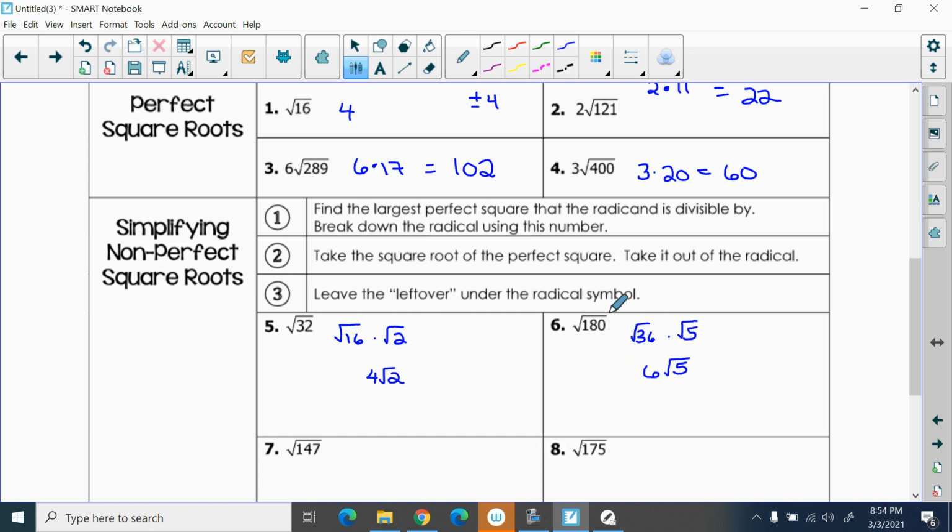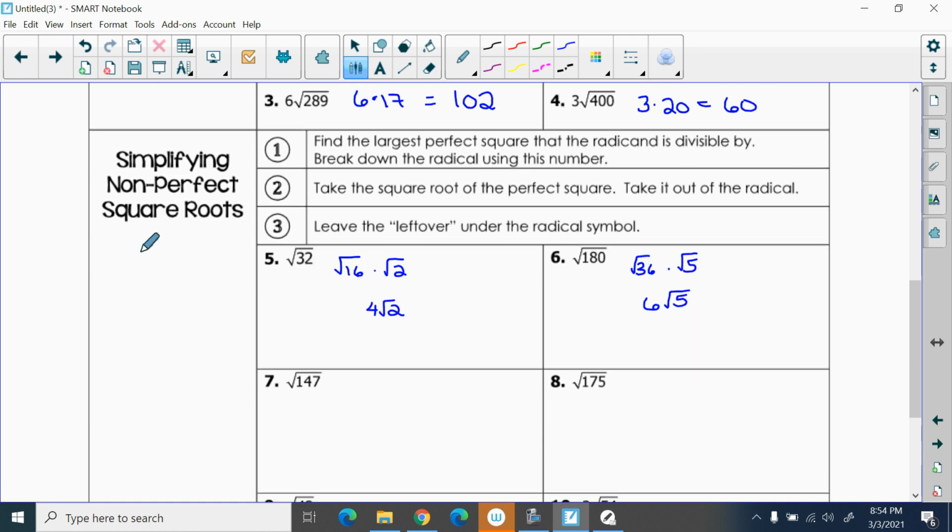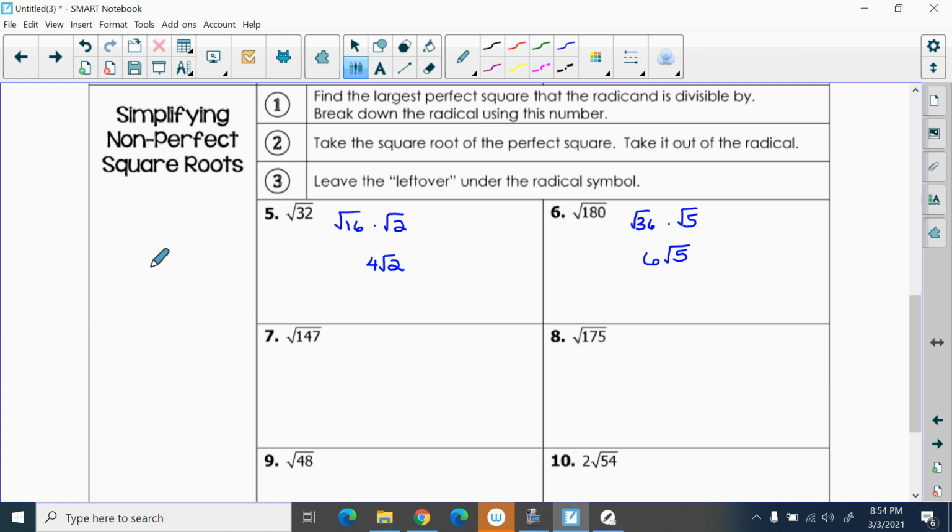Now, again, most people aren't going to know right off the top of their head that 36 divides evenly into it. So one of the things that you might want to do is actually do the prime factorization. So I'm going to show you an example of prime factorization, and we're going to go through that.